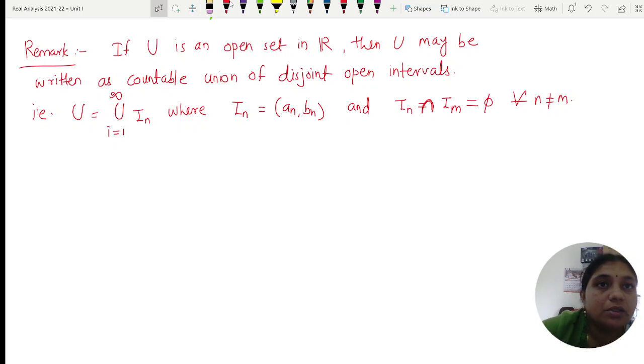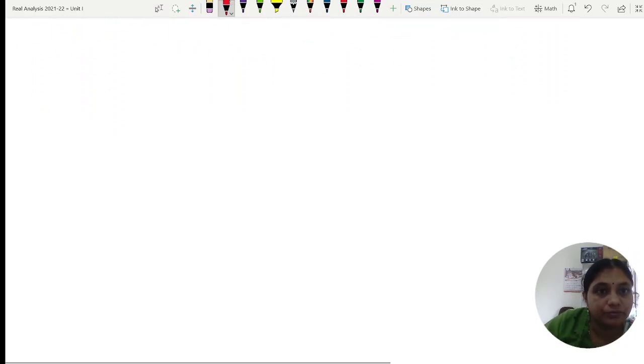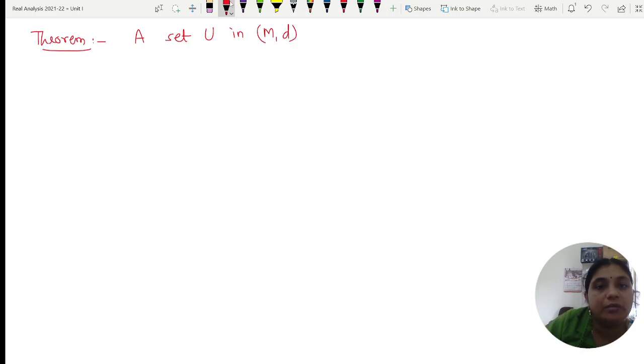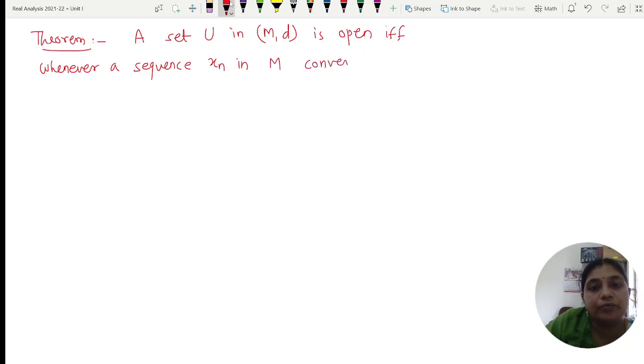So after this we will take a theorem. A set U in a metric space (M, d) is open if and only if whenever a sequence xn in M converges to x in U, then xn belongs to U for all but finitely many n.